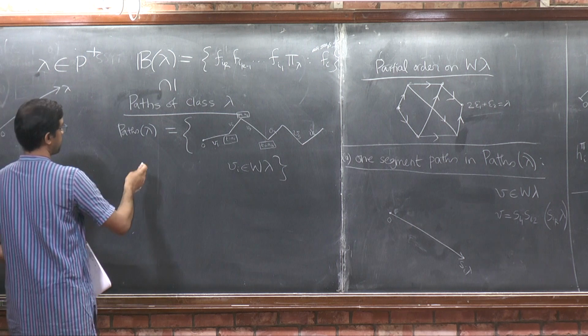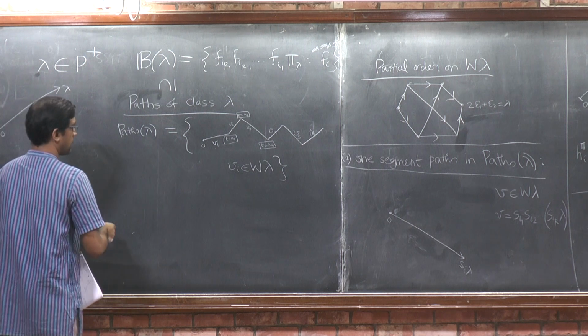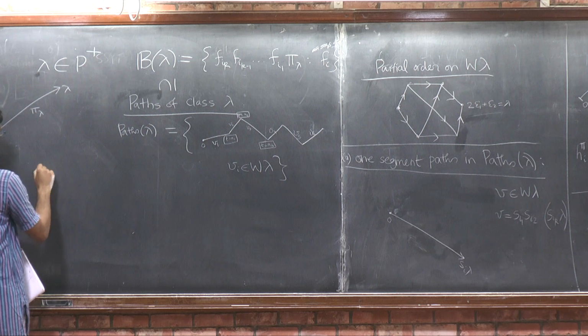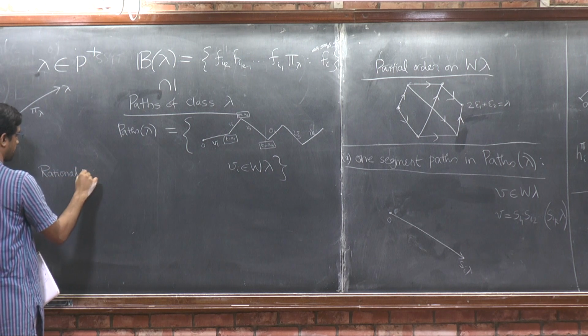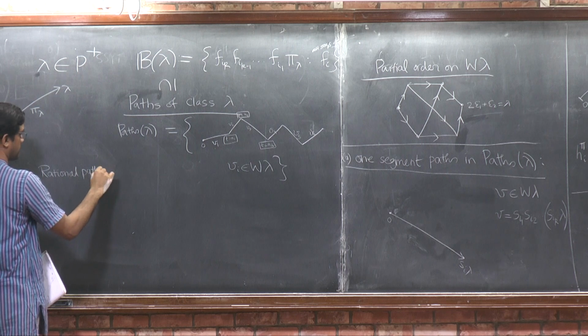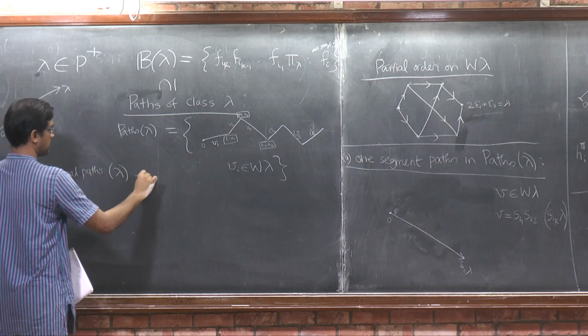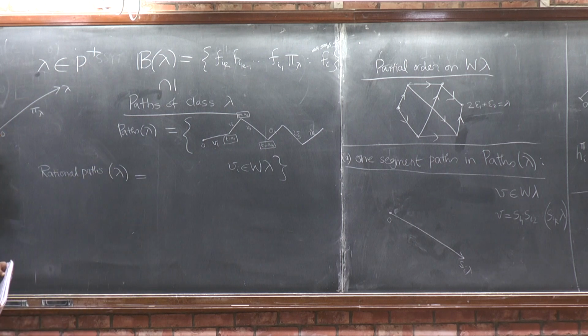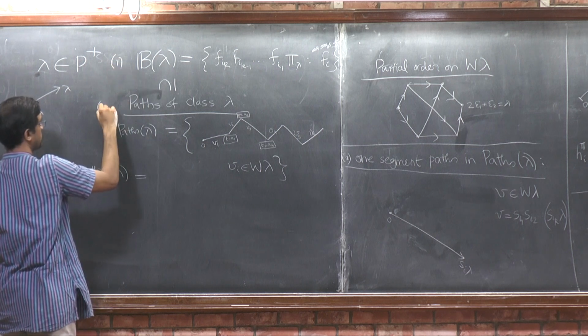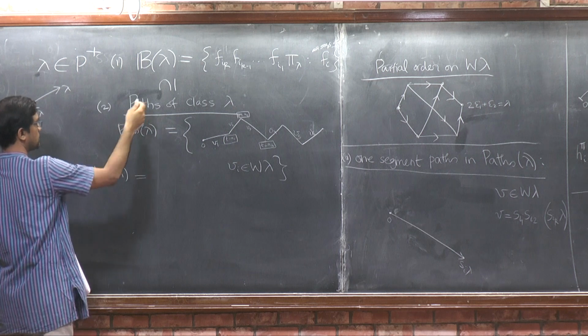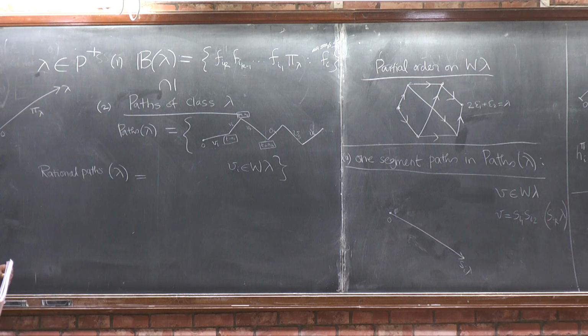So instead of talking about paths of class lambda, let me call these rational paths of class lambda. So what are these? This is yet another class. Let's number these. This is the first set, the set we are trying to understand. This is a much bigger set that we constructed. Here is now a set which is somewhat smaller than this.